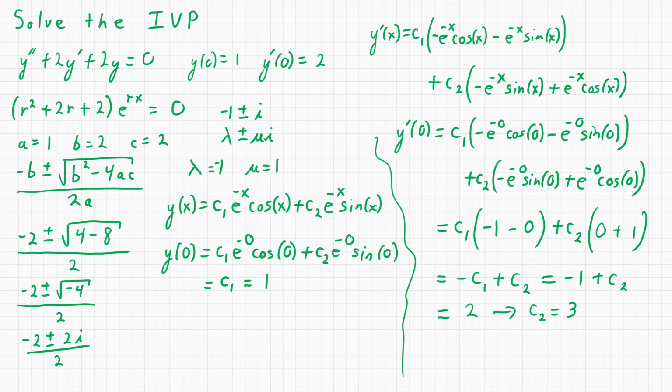So I think I have just enough room to write out the solution to the initial value problem. It's y of x equals, c1 is 1, so that's 1 times e to the negative x cosine x, plus 3 e to the negative x times sine x. There's a little bit of work to do this, but you have to do it. You have to do the product rule, and eventually you'll get the final solution.